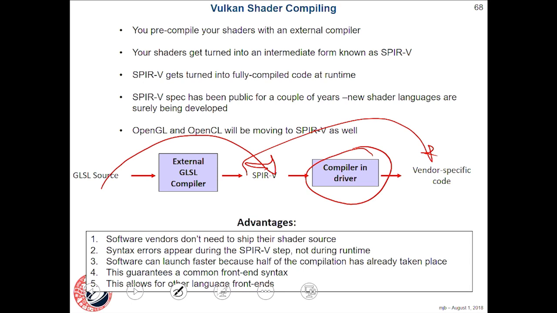Each pipeline you define, each one of these pipeline states, has its own set of shaders. Now, of course, you can use them in multiple pipelines, but shaders are given to each pipeline. So when you bind a pipeline, you're getting that pipeline's combination of shaders.